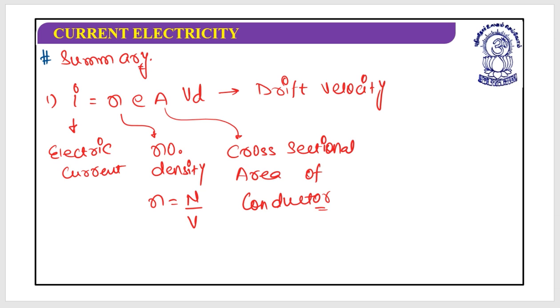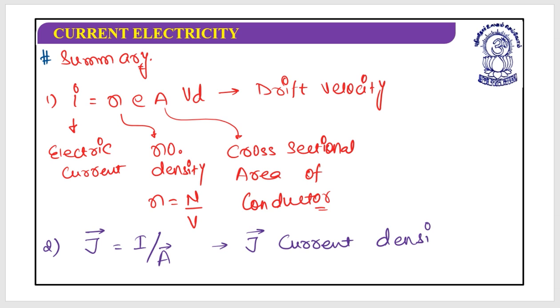Now the second, current density. The current density J is equal to I divided by A. This J is the current density, and A is the area vector.